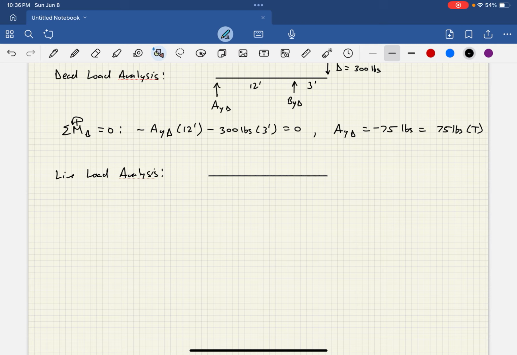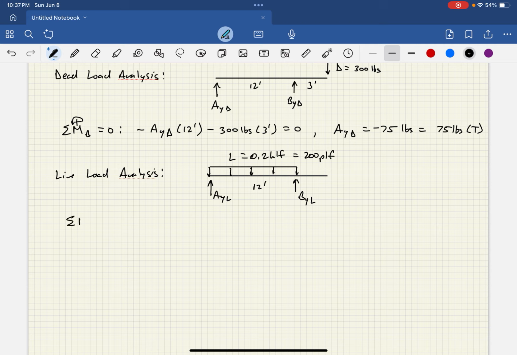Well, I'm going to have an AY live and a BY live, and I have this uniform load that is a live load in between A and B. And of course, that was equal to 0.2 KLF, or we could say that's 200 PLF, pounds per linear foot, right? And that's, again, a 12-foot distance between A and B.